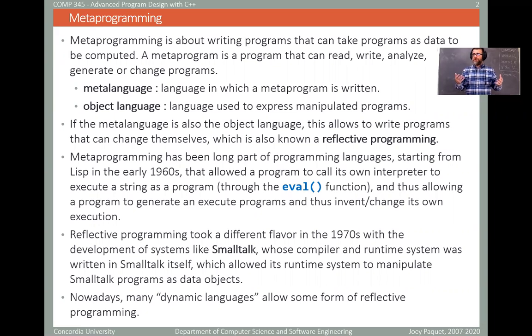For example, when you use Java reflection, you can ask an object what the members of your class are, or even tell an object to add some members to its class or remove some members from its class, things like this. Not everything is possible, but reflection allows you to have objects that can reflect upon their own definitions.